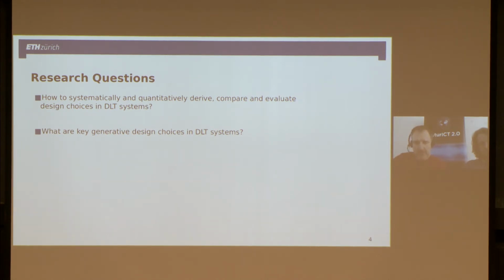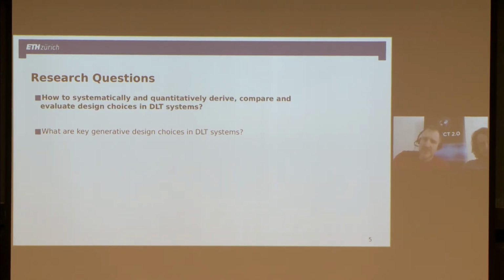And then in the course of this analysis and doing additional quantitative analysis, we also cover a second research question, with which we hope to help people to design such systems, not only analyze existing ones, but design their own. So what are key generative design choices in DLT systems?